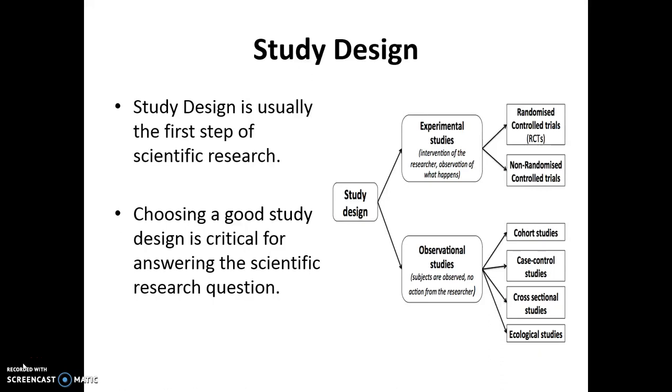And also there are non-randomized control trials. Basically you have an intervention group and you have a control group, but you just cannot randomize the intervention. For example, if you want to study the potential harm of a cigarette, it's not ethical to randomize people to a smoking group. Okay.